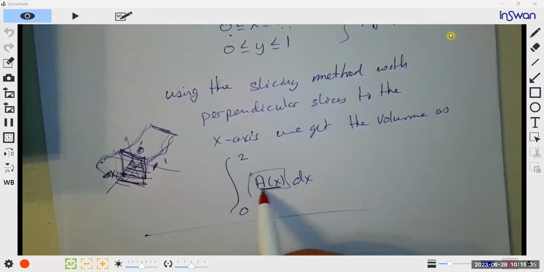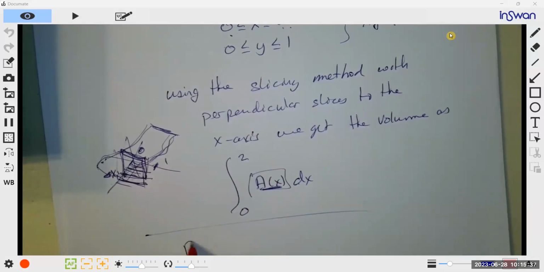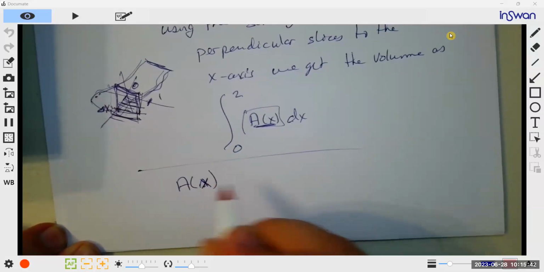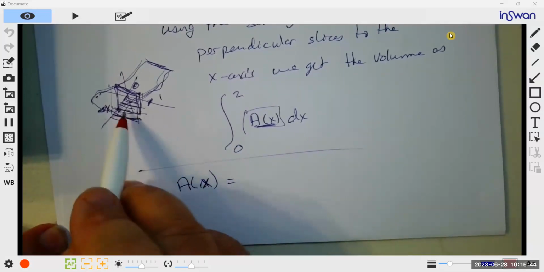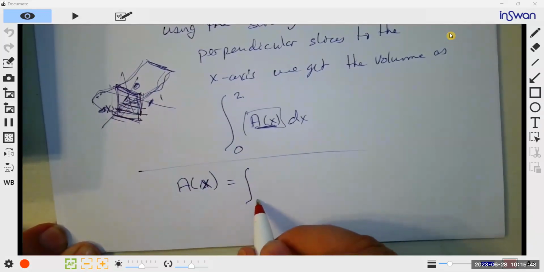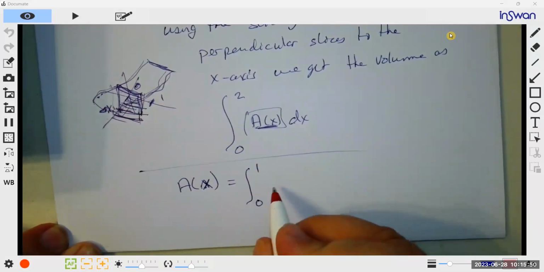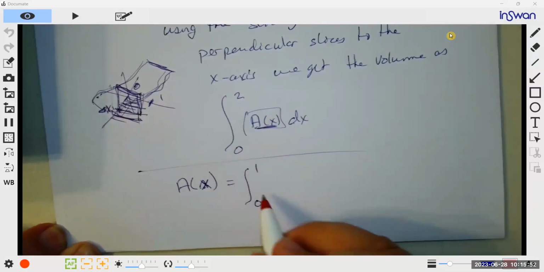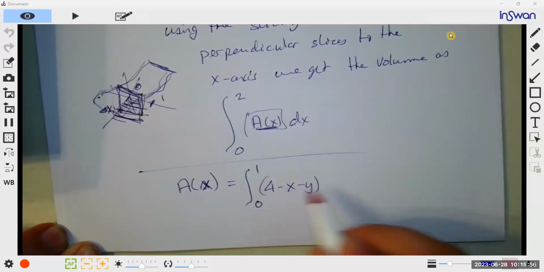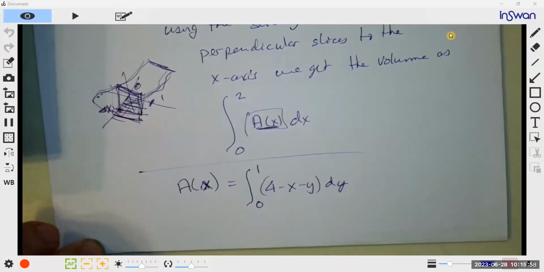But what is A of x? The area of x is now dependent on the y values. So here we're going to look at the formula itself, the 4 minus x minus y with respect to the y value.